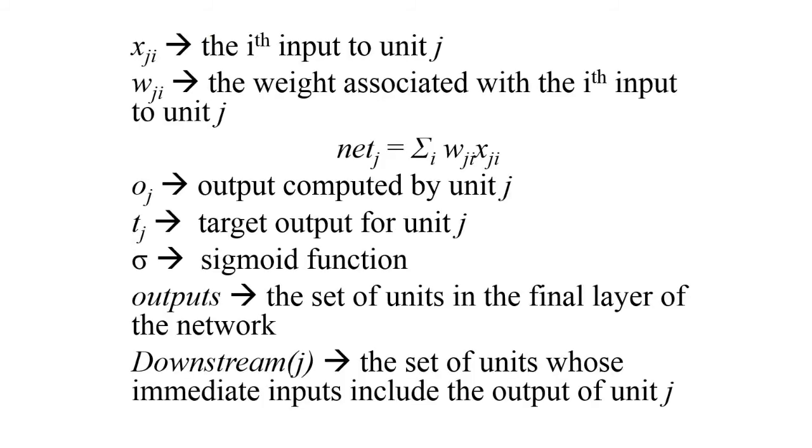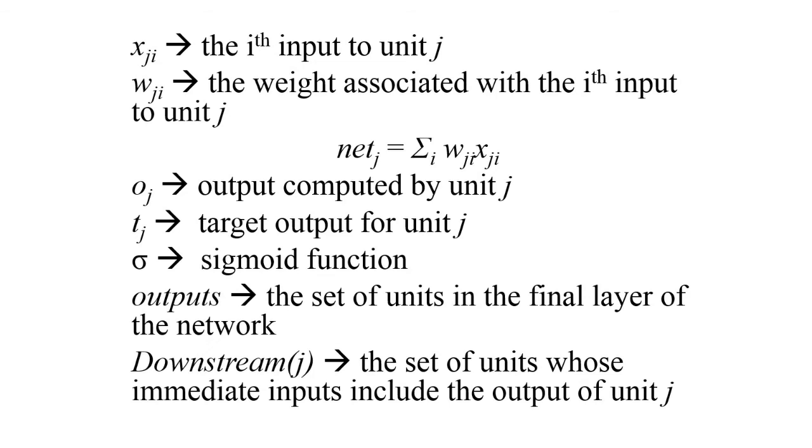The derivation of the stochastic gradient descent rule is conceptually straightforward, but requires keeping track of a number of subscripts and variables.